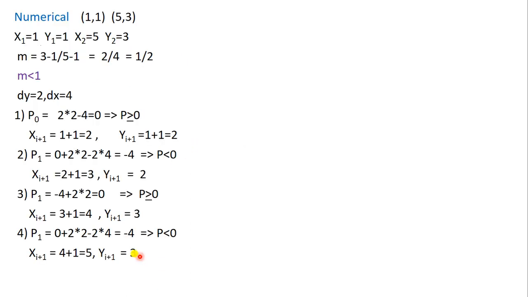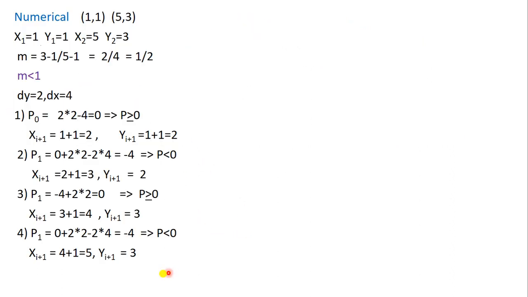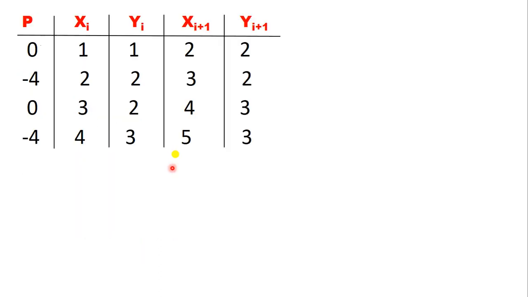Now we have to find the yi plus 1. There is no change, so whatever the previous yi value is, we put it in the yi plus 1 value. The previous value is 3, so we put it here as the yi plus 1 value. Now we have to stop.